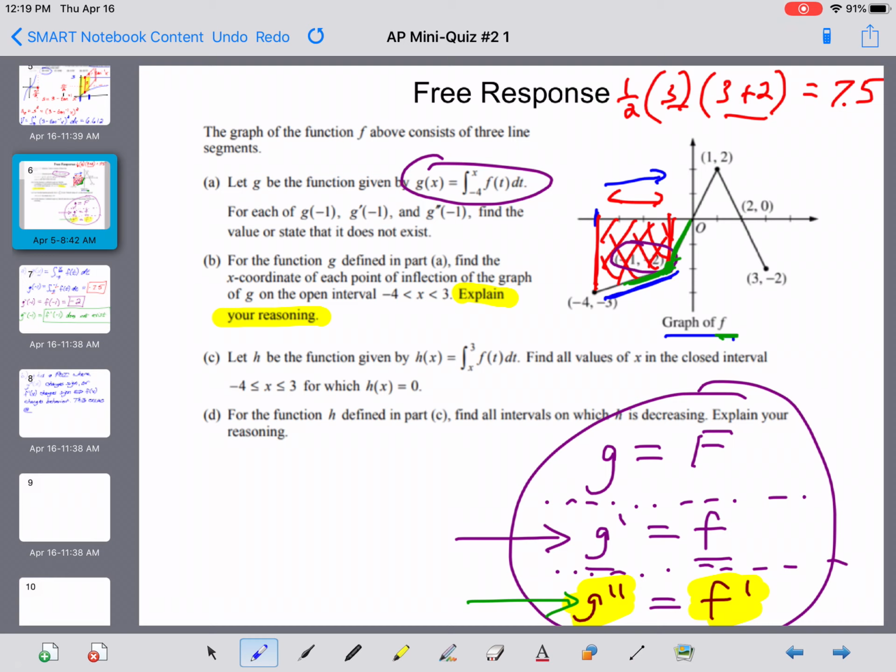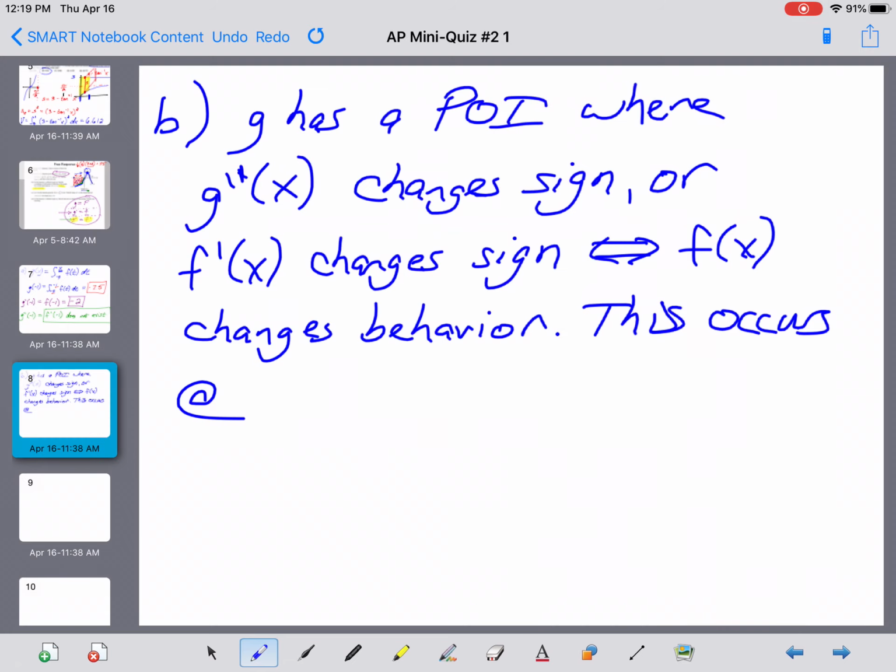The function was increasing, it's still increasing, but then at the end now it starts decreasing. This spot right here, everybody, is the only spot on this graph right here from -4 to 3 where f changes behavior. So this occurs only at x equals 1. I'll even add the word only right there, and that should be it.